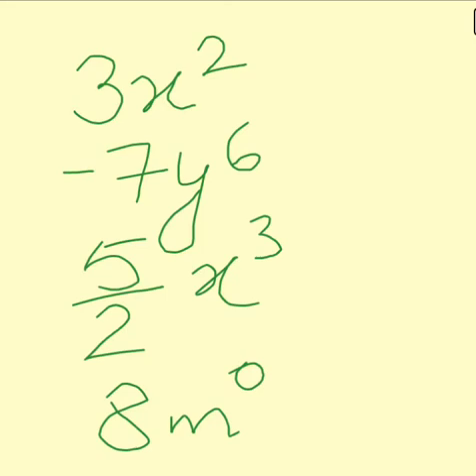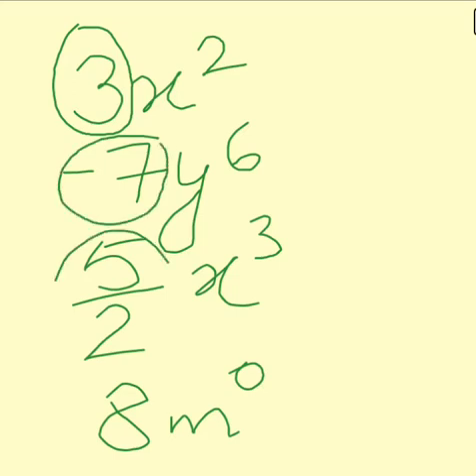Coefficient is the number that we write on the left hand side of the letter. In the given examples, 3, minus 7, 5 by 2 and 8 are the numbers that have been written just on the left side of the letters.